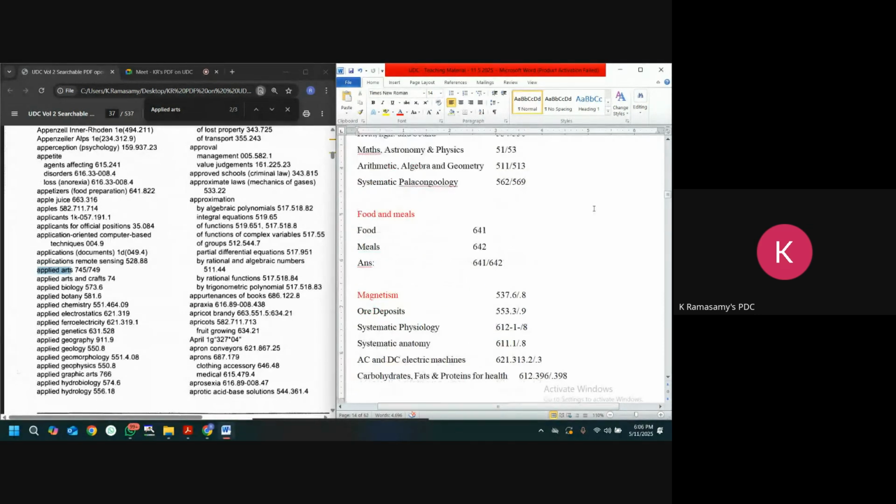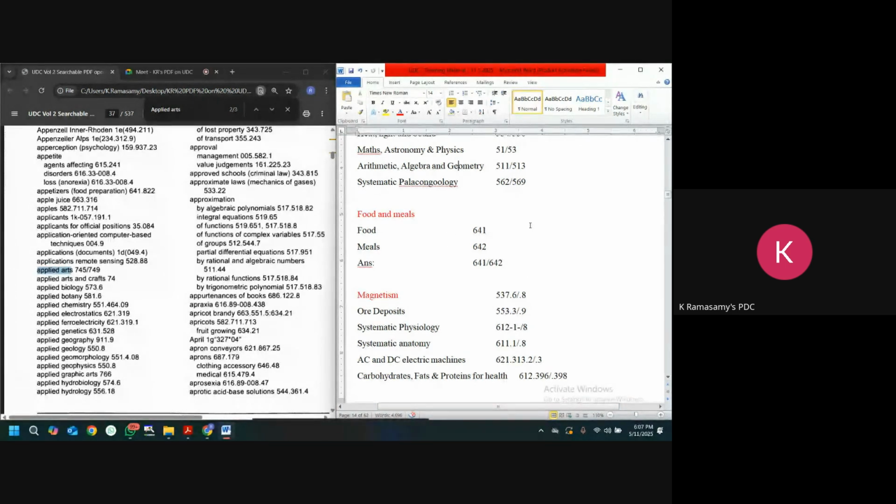Copy and write it. But if there is a book on food and meals, you will get two different numbers. If you go to the index, one number for food, one number for meals. You want to combine these two numbers, and these two numbers are continuous. 641, 642. So what do you do? After writing 641, you put a slash and write 642. Are you getting the point?